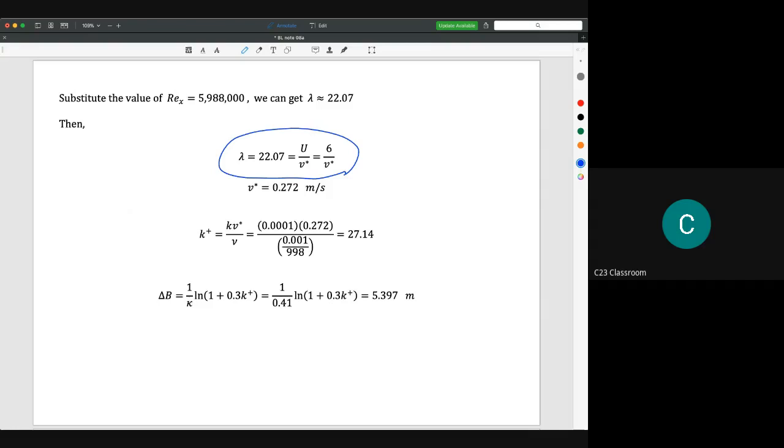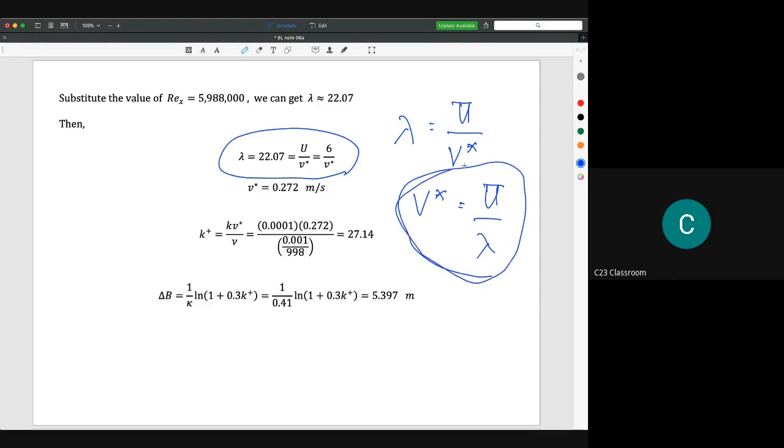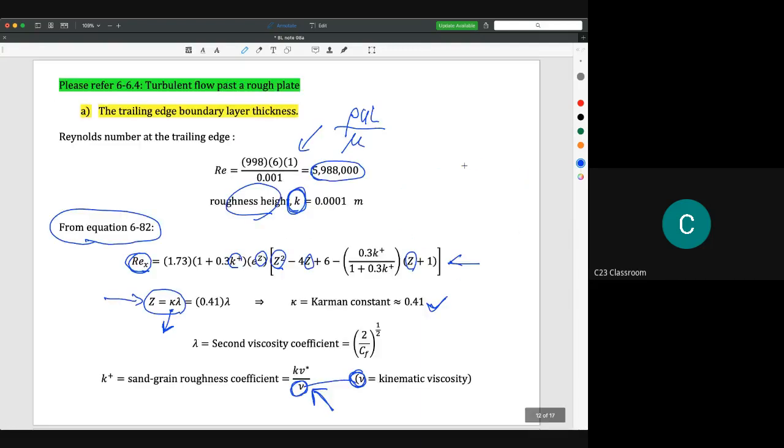From here, we know that lambda is equal to U, capital U, over V star, so V star is equal to U over lambda. You substitute the value of V star equal to U over lambda into these terms. So it means that you have a lambda in k here, you substitute in k plus here, and then you will get the value of lambda.